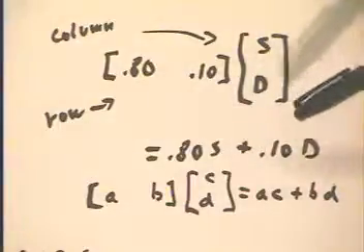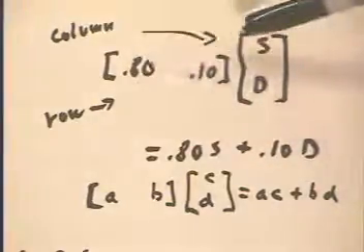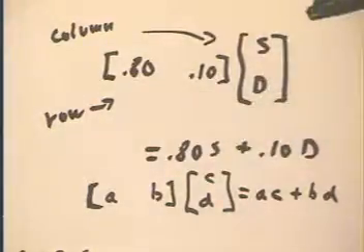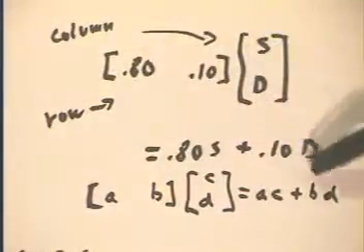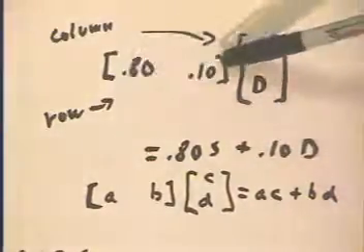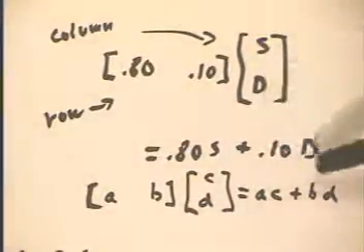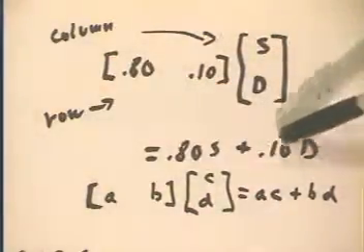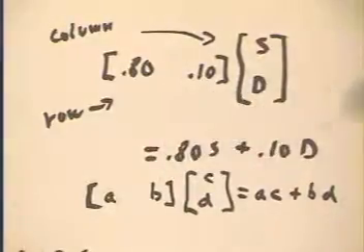And then we add up the results. Now, in this case, we just have first number times first number. That'll be 0.80 times S, and there's our 0.80S. And 0.10 times D, which comes out here. And we add them together. That's what we get when we multiply a row by a column. This is a single number. This is a number. This is a number. When we add them together, we get a single number.